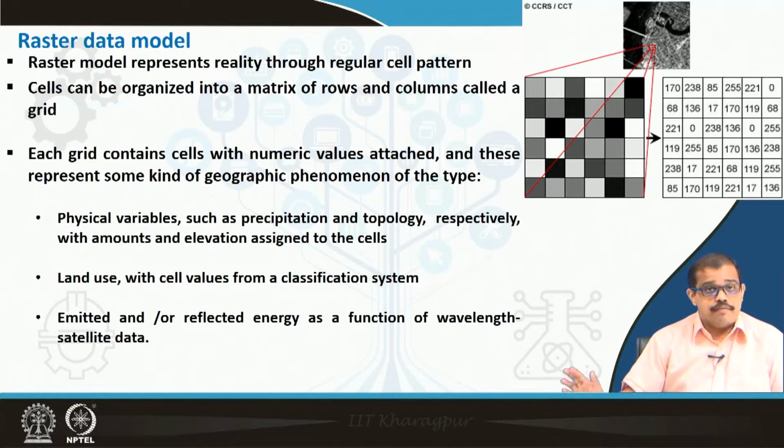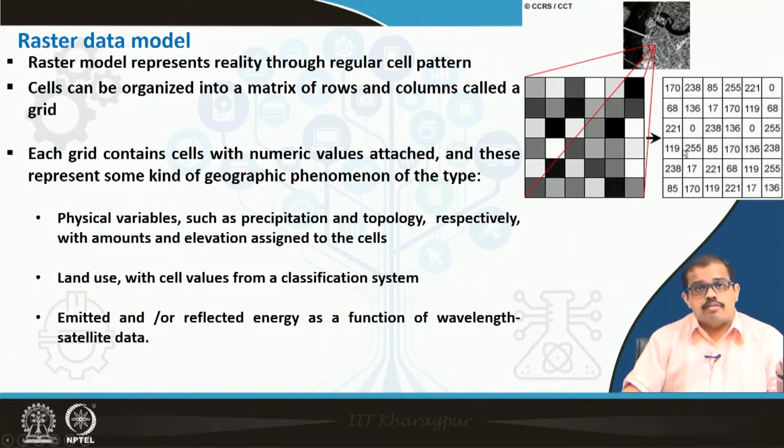It can be a physical variable such as precipitation and topography, with amounts and elevation assigned to the cells. For example, if it is topography, it would have the values of the topographic variations on the earth surface associated here.